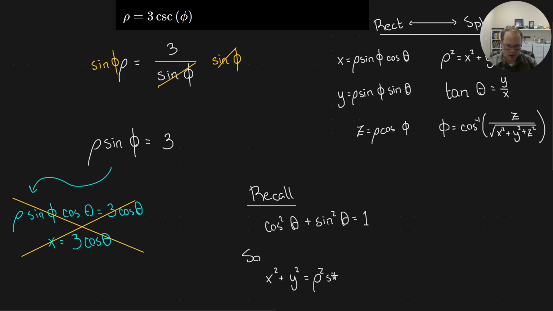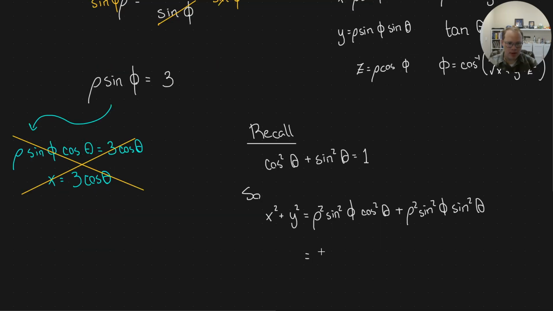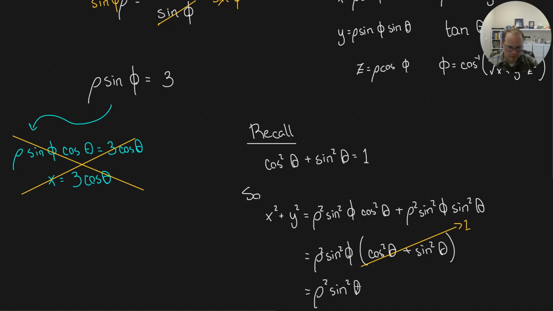So rho squared sine squared phi cosine squared theta, that's what x squared becomes, plus y squared becomes rho squared sine squared phi sine squared theta. If I pull out the rho squared sine squared phi, I'm left with cosine squared theta plus sine squared theta, which is just 1. So I just get rho squared sine squared phi.